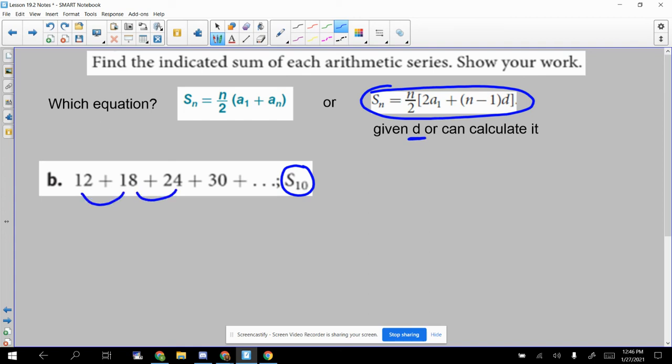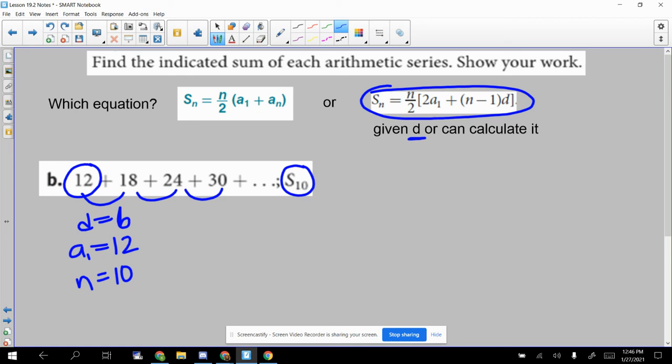What is the difference here? Well, the common difference is 6. And maybe it'll be helpful to write all of this out. Your A sub 1, or your first term, is 12, and your n is 10. That's what they're asking for, the sum of the first 10 terms.